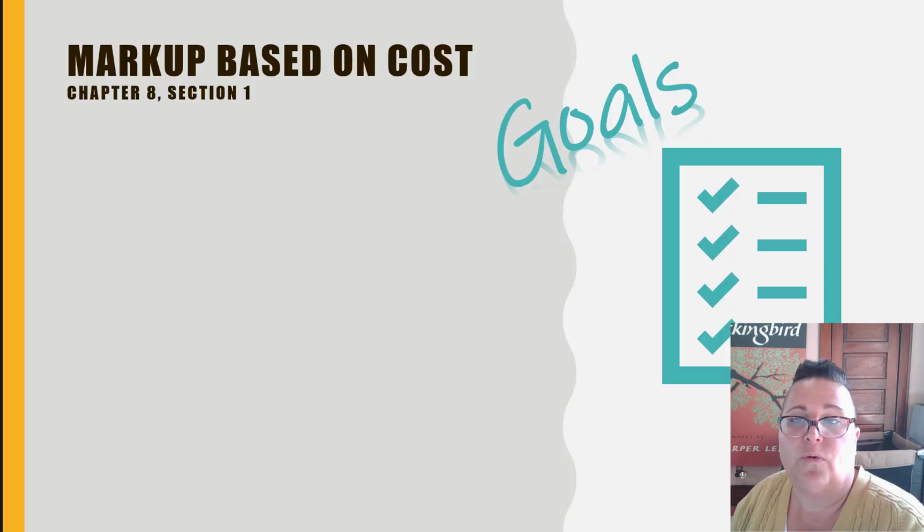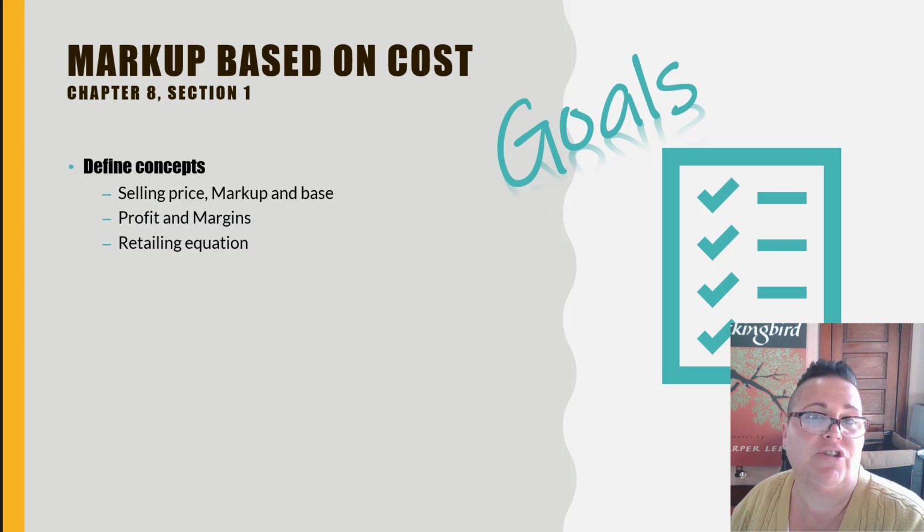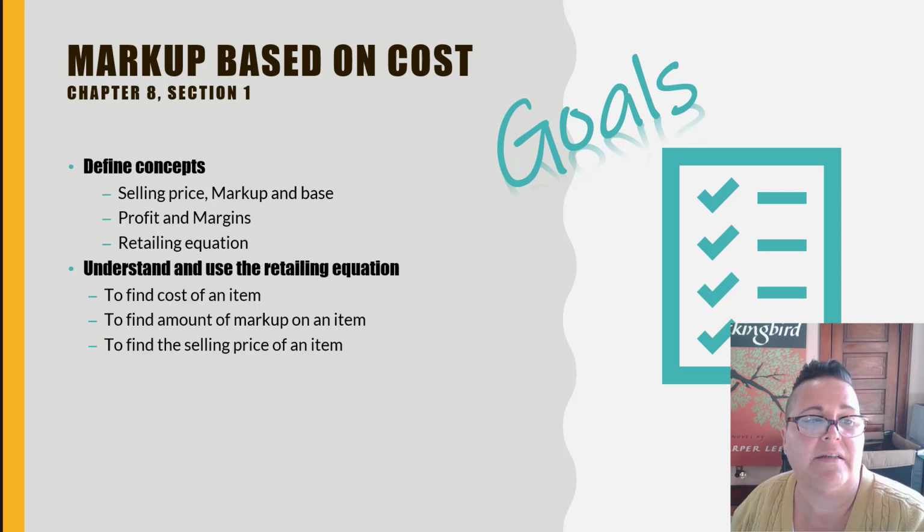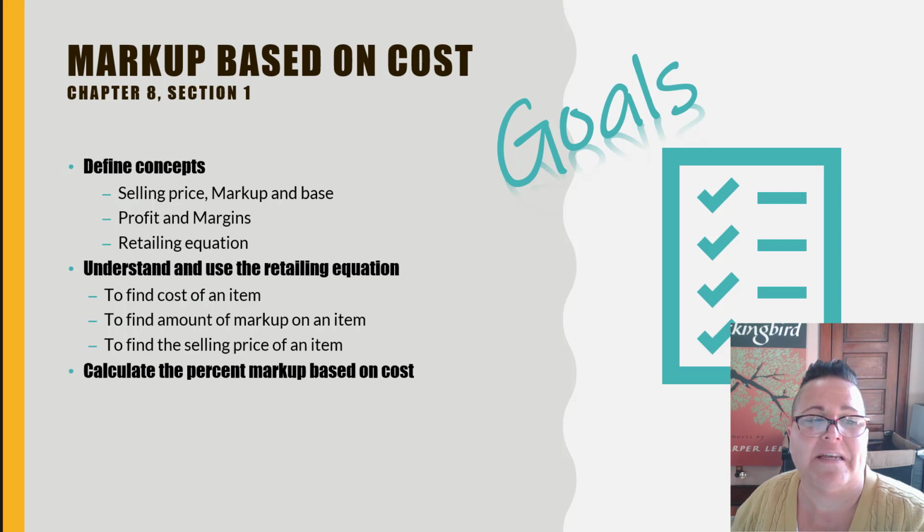Our goals for today are to define some of the concepts. We want to make sure that you understand the difference between a selling price, what markup is, and what the base is. We'll look at profits and margins and what's known as the retailing equation. We want to understand and use this retailing equation in order to find the cost of an item, the amount of markup, the selling price, the three basic parts of the retail equation.